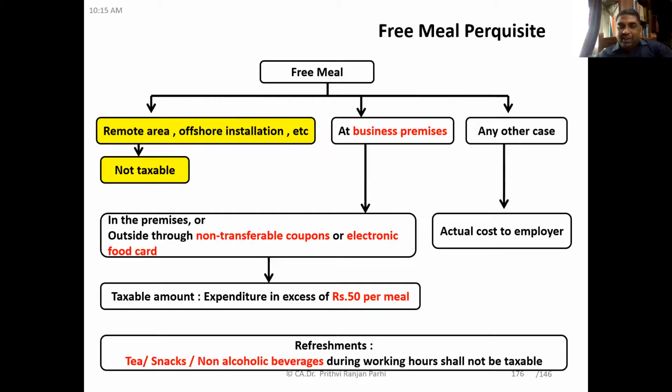But beyond 50, it is taxable. Suppose the meal costs 60 rupees, the 10 rupees will be taxable, but 50 rupees will be exempt. Understood? But again, this food should have been provided in the office. And if at all outside the office, it should be through non-transferable coupons or through electronic food card.